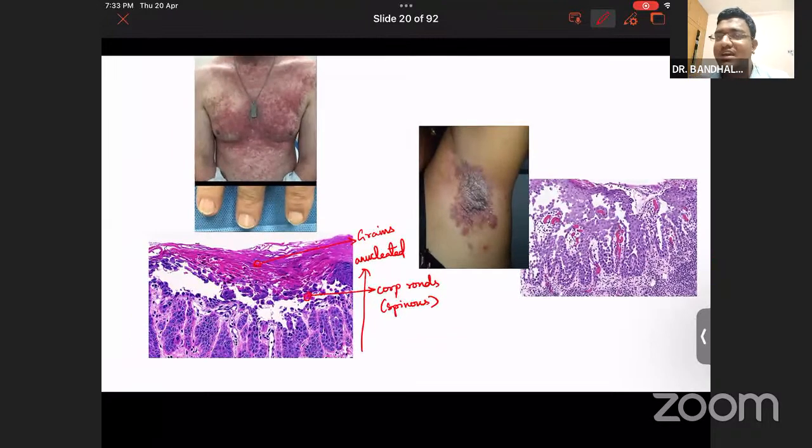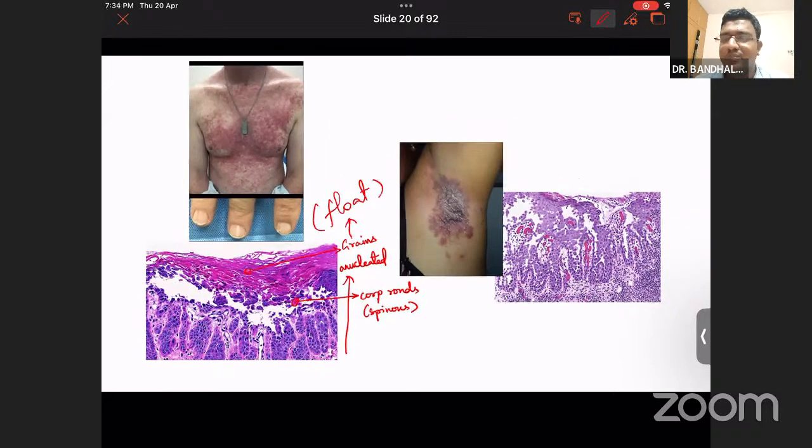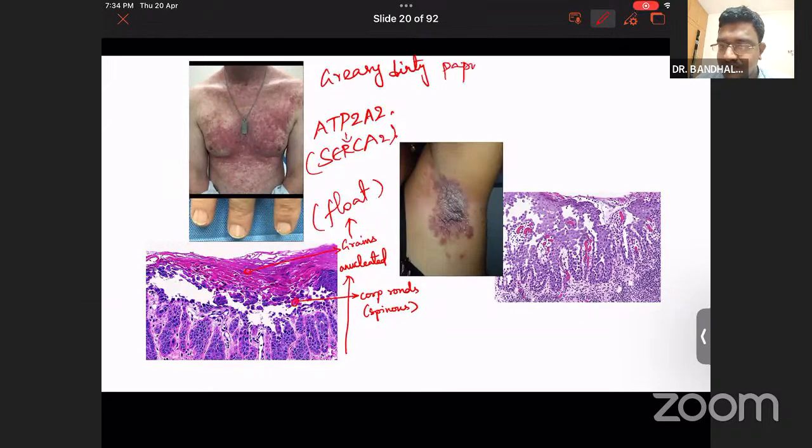They can ask which layer the corps ronds are present in Darier. So you can remember, grains always float. Grains float. So ronds will obviously sink in the spinous layer. So that is very easy to remember. Apart from that, you have to remember the ATP2A2 gene, a sarcoendoplasmic reticulum calcium transporter. The lesions are greasy, dirty papules in seborrheic areas.